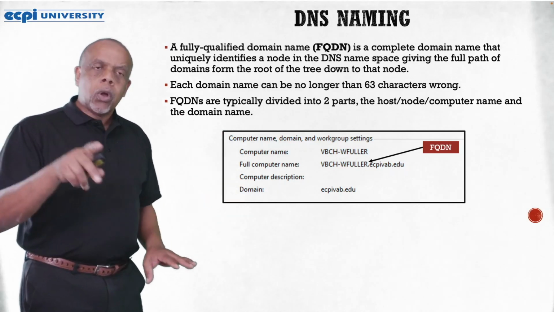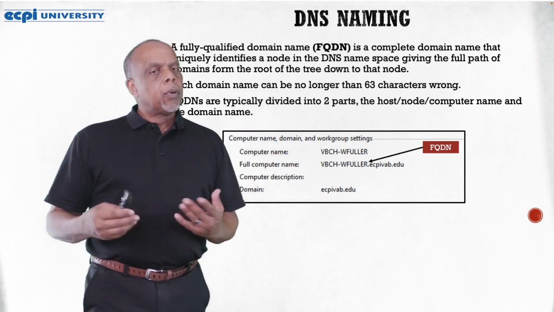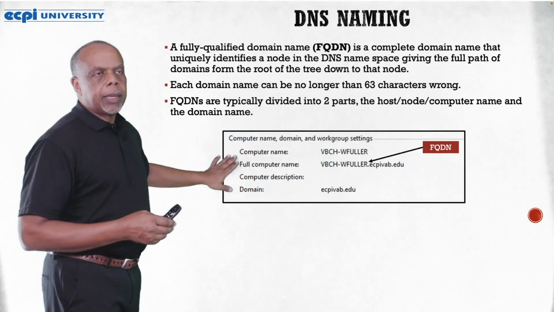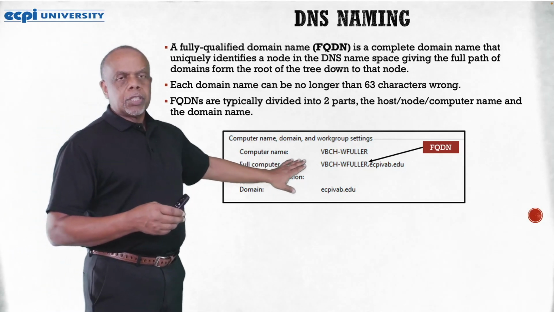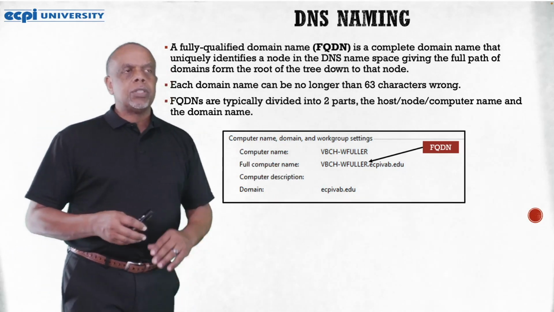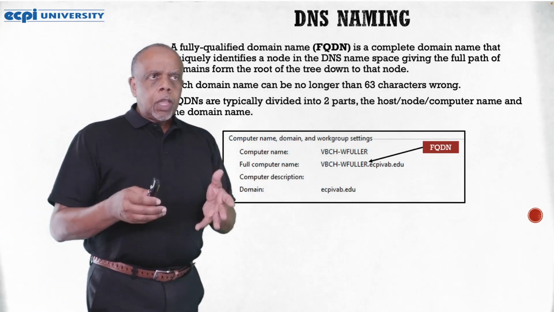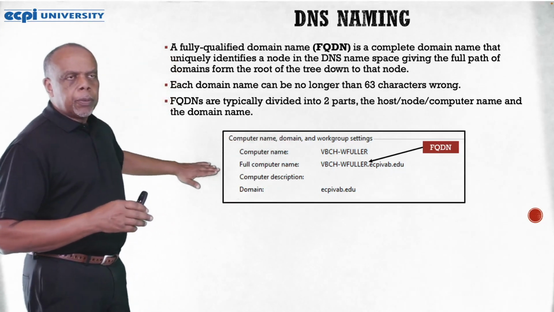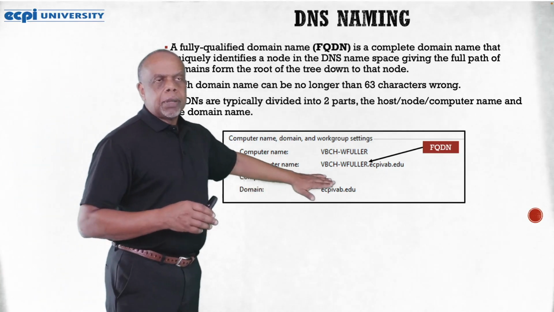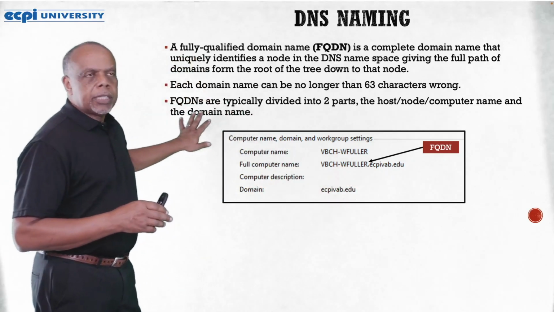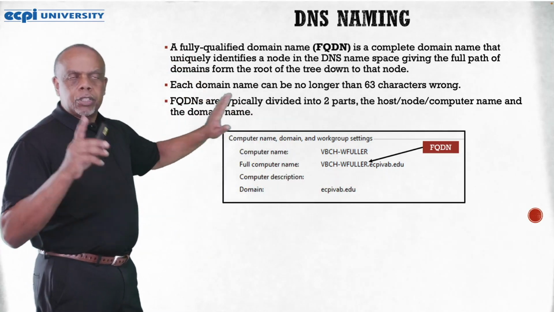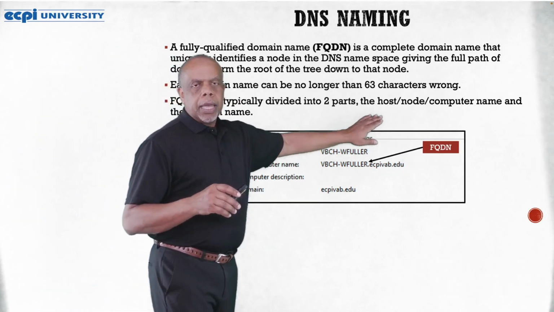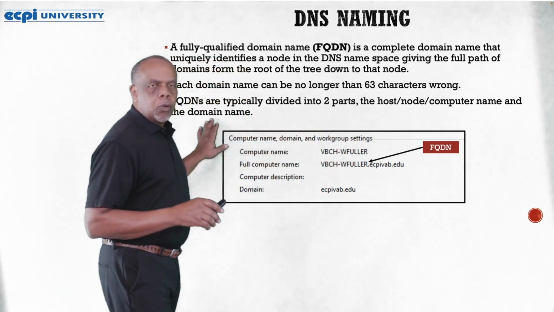Actually, you can go on your home computer or your laptop or whatever device it is, and it has a computer name. For this example, this would be the computer name. If you went into your actual computer, you'll see that it has the computer name. Now, the full computer name is going to be that plus the domain that it's on. So this FQDN is divided into basically two parts: the host or node name and the domain name.